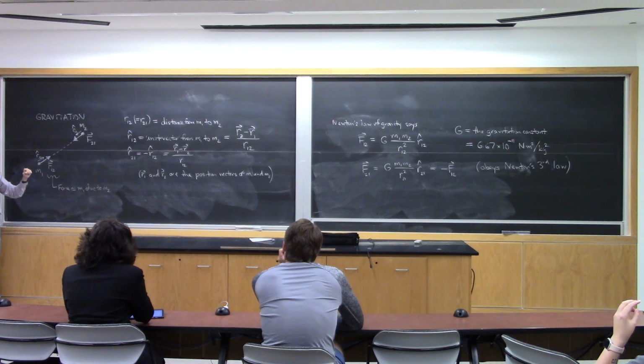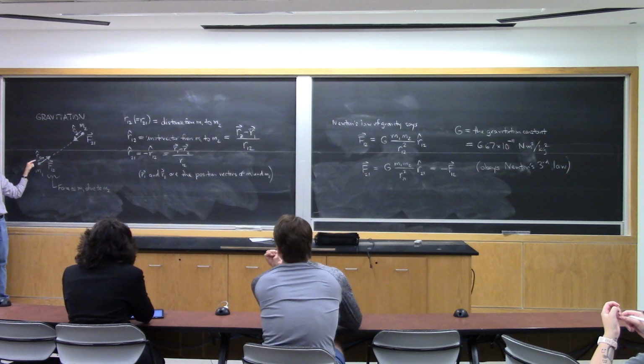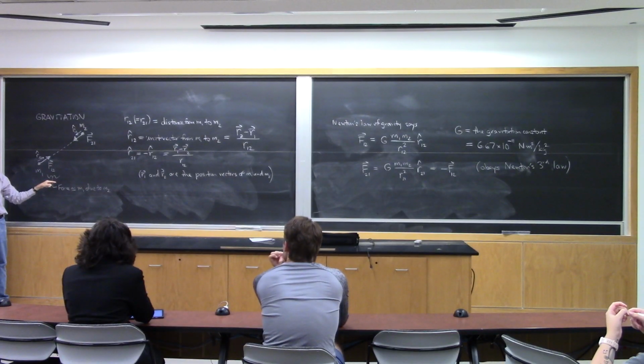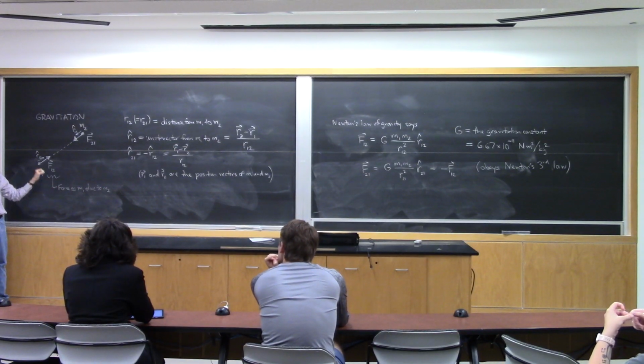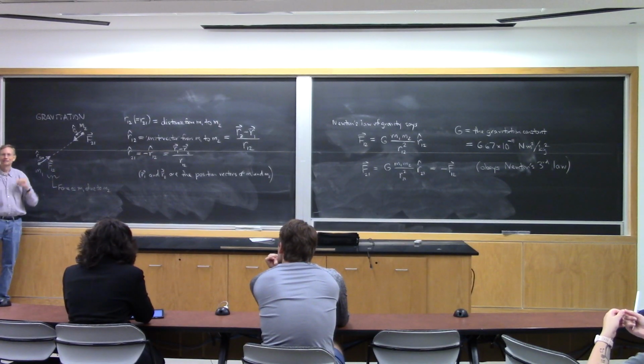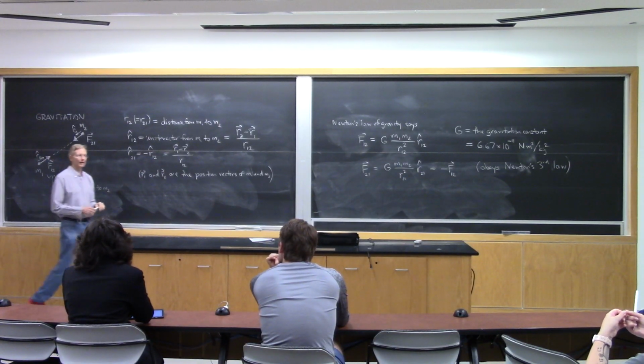The formula would say that the force on the other one follows the motion of the first. But could the other one know that it had been moved yet? And if not, why not? The answer is no, it couldn't know that. Why not?